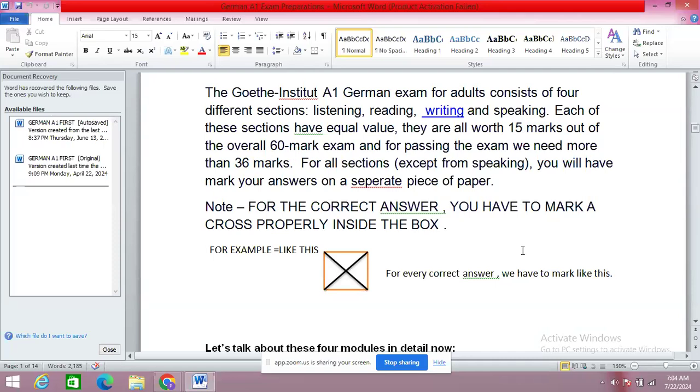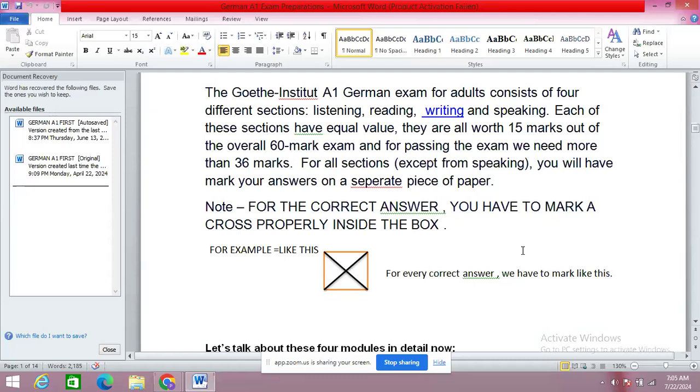For marking the answers, except for speaking, you are going to get a separate sheet to note down your answers. For the listening, reading and Schreiben parts, there will be a separate answer book given to you. For every correct answer we have to mark a cross inside the box. For example, when we have taken some examination and filled the OMR sheet, we usually circle the correct answer.